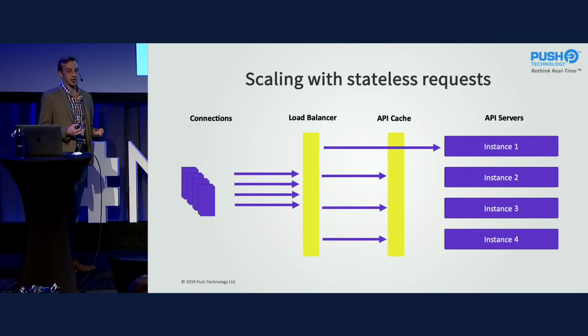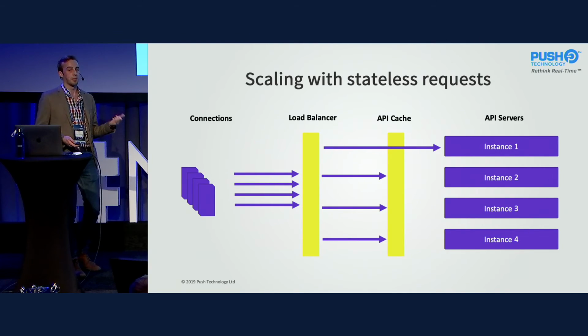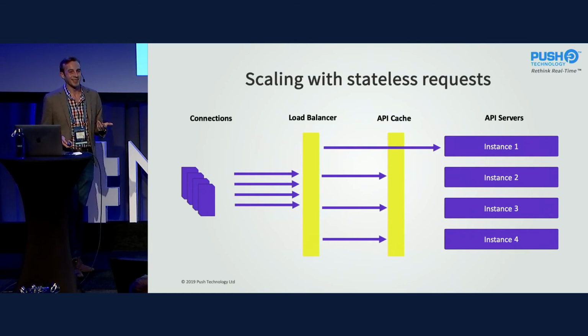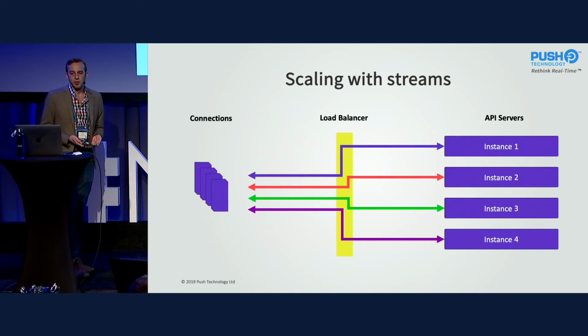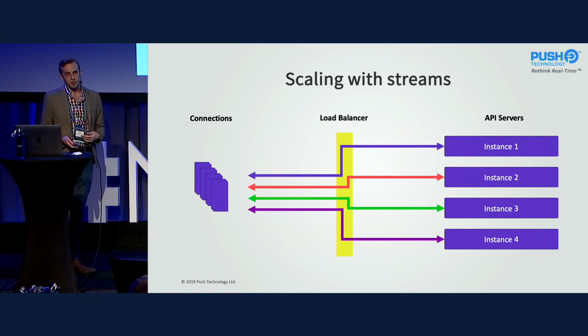And one of the major implications this has is scaling. In a request-response model, it's real simple to scale up. You have your load balancers, you have your API caches, you just add more servers, give or take a few minor details, and it usually works pretty well. When you're scaling with streams, you have to rethink what scaling actually means.